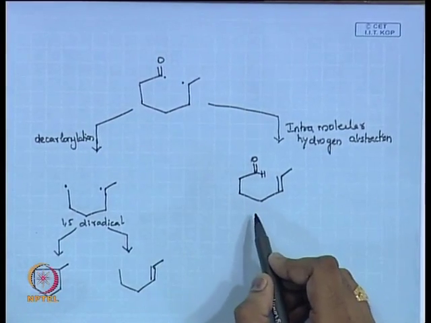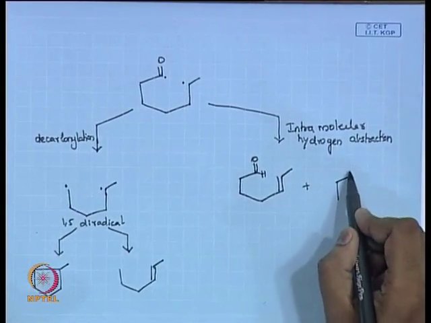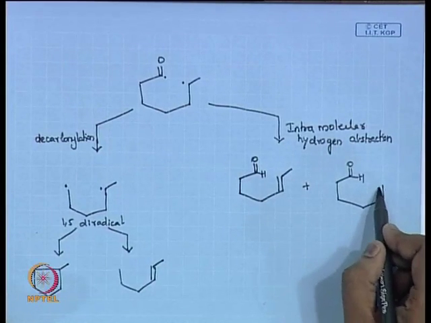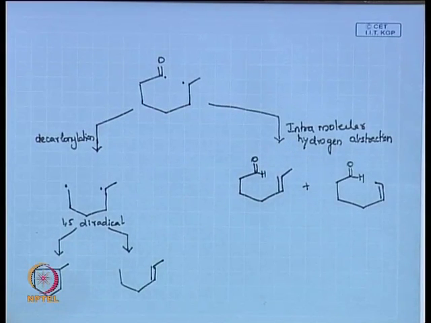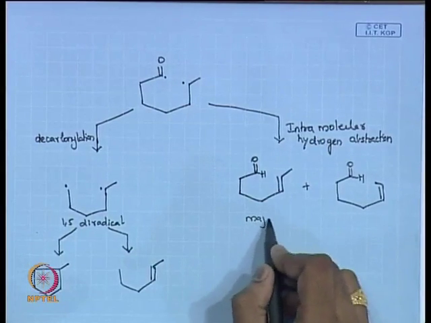See, this will be the major product, but you can get another stuff. Right, you can get this product also, that should be a minor. So, you get a major product.